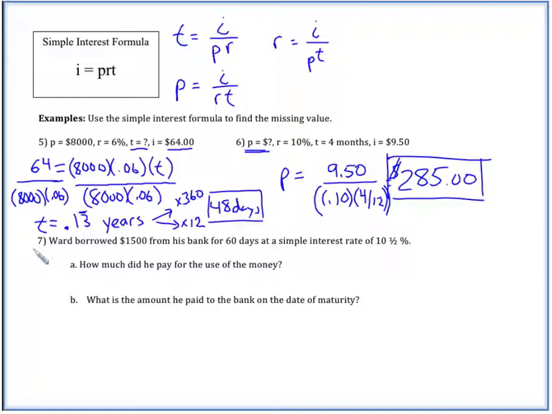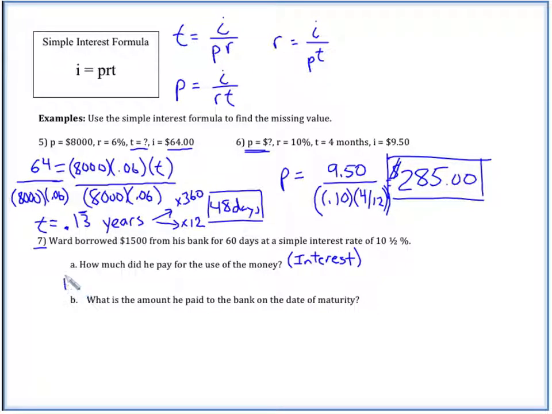All right. Our next example is a word problem. It says Ward borrowed $1,500 from his bank for 60 days at a simple interest rate of 10.5%. So the question is, how much did he pay for the use of the money? Okay. Well, this right here can be answered by finding the interest. So interest is how much you pay for using the money.